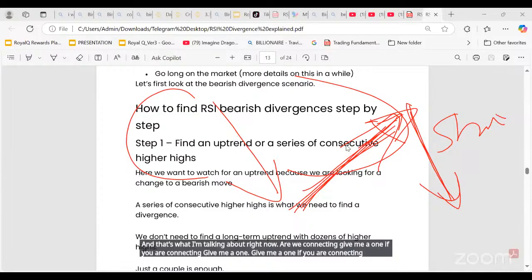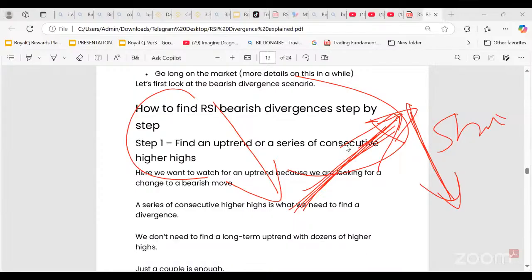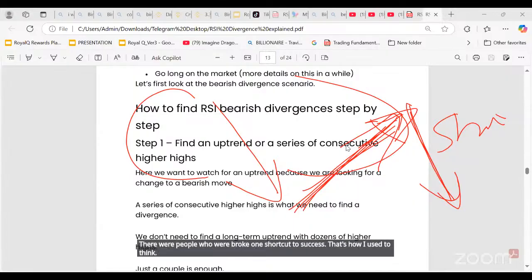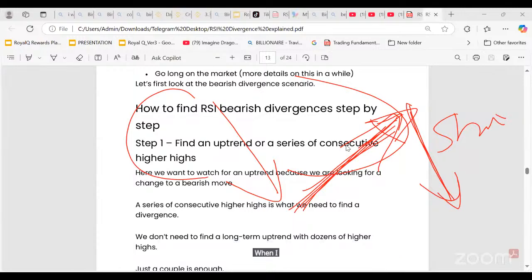Now, someone has $100. They want to automate their Binance. There are people who are broke who want a shortcut to success. That's how I used to think when I was broke. I wanted to be a millionaire the next day until I changed my mindset.